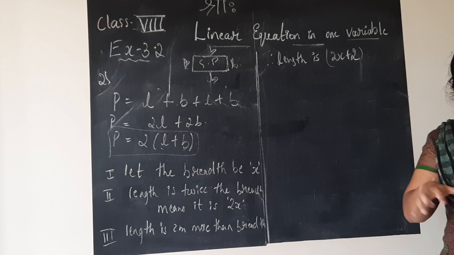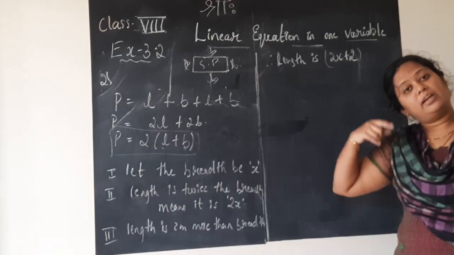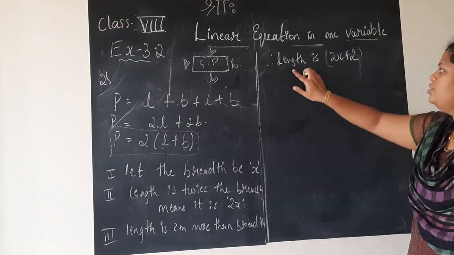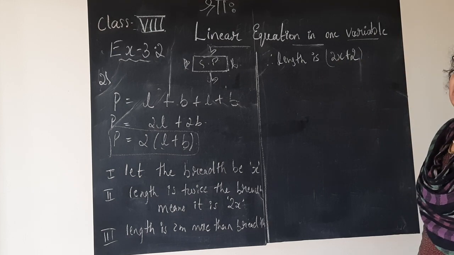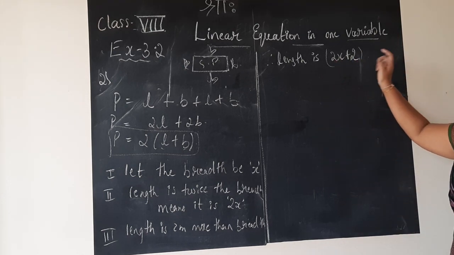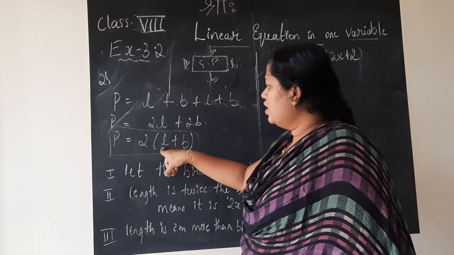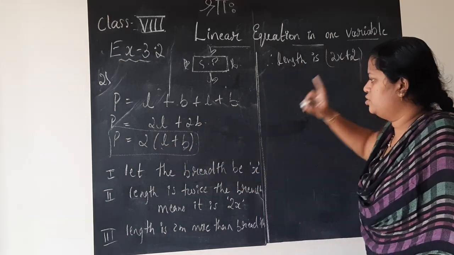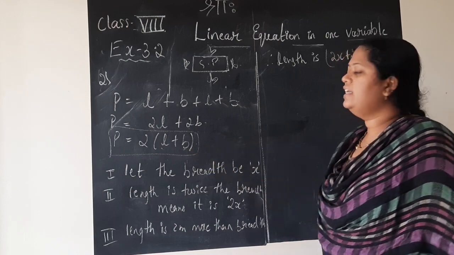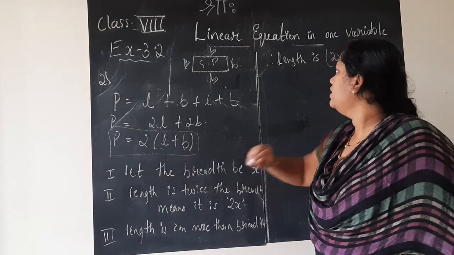Now we have the twice breadth as 2x, and the length is 2 meter more, so the new length is 2x plus 2. So what is L? 2x plus 2. What is B? It is x, children. And let us use this.